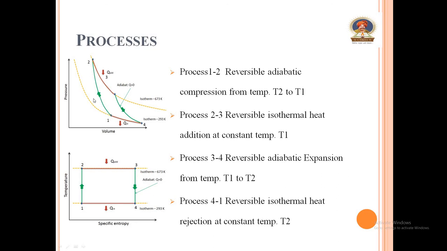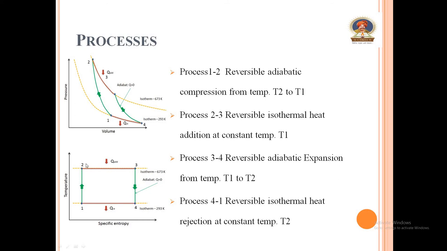In the TS diagram you can see from 1 to 2, due to compression, temperature goes on increasing from T2 to T1 level. We have said these are 2 levels: this one is the T2 level, and the T1 level is the upper one. So that's why from 1 to 2, T2 to T1.